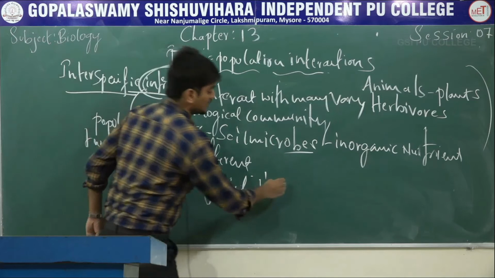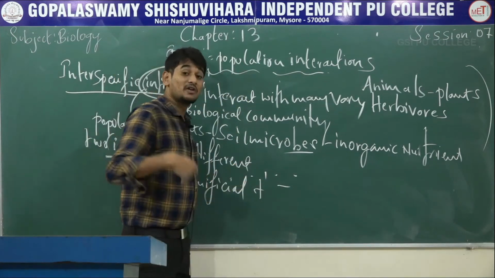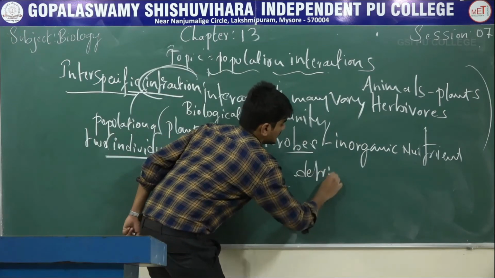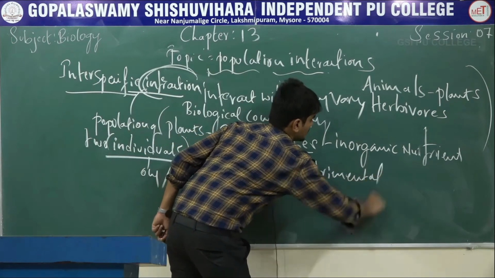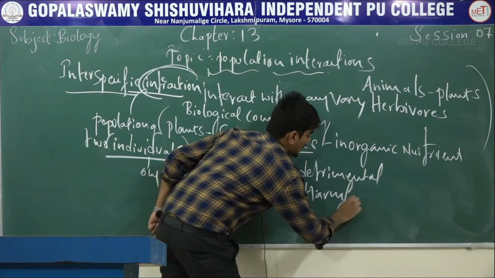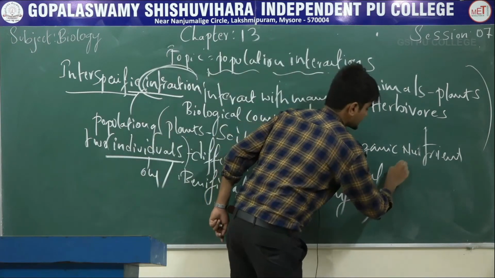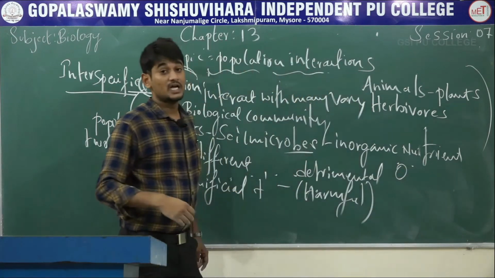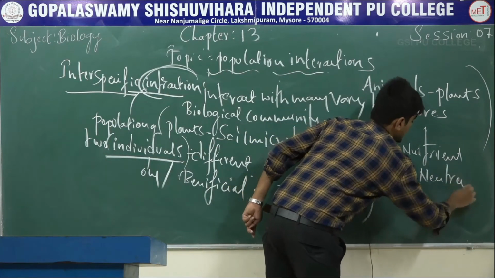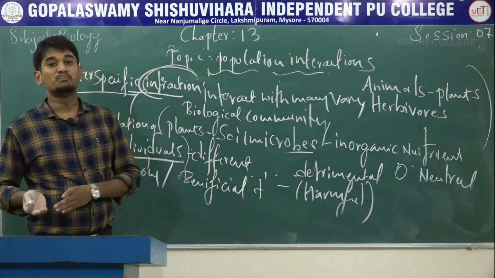The minus sign indicates the interaction is harmful or detrimental. Detrimental is also called harmful. The zero sign indicates neutral, which means neither harmful nor beneficial.